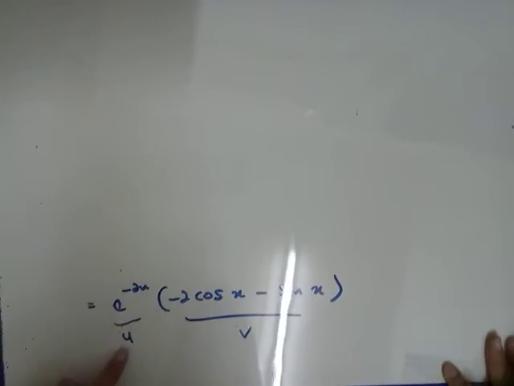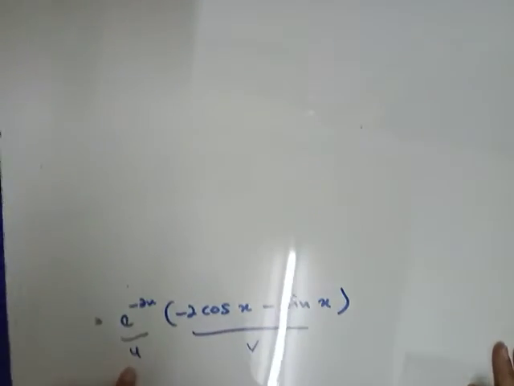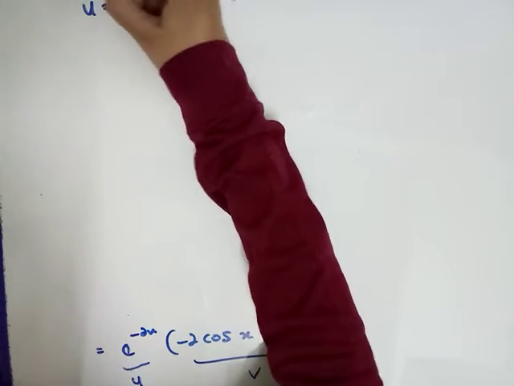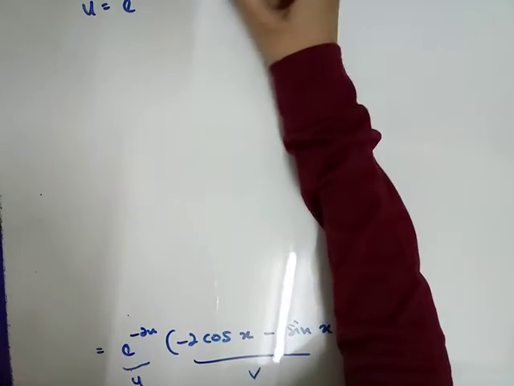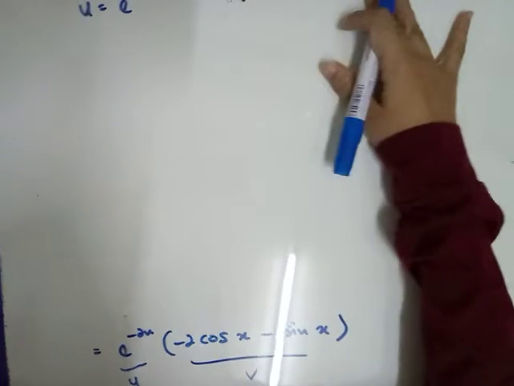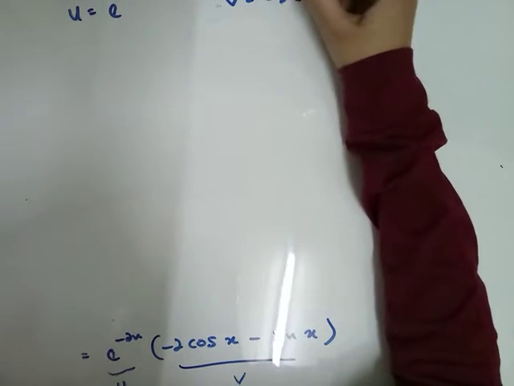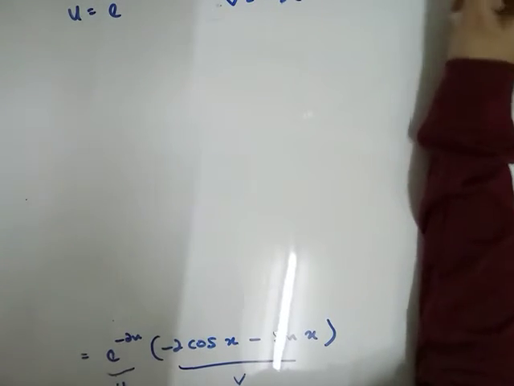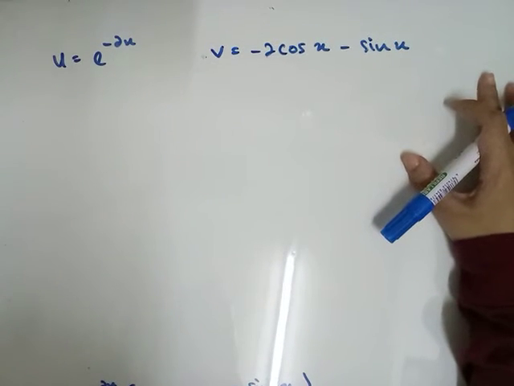So we know that u is exponent negative 2x, and then v is negative 2 cos x minus sin x. Can you see? Oh, sorry, you couldn't see earlier.